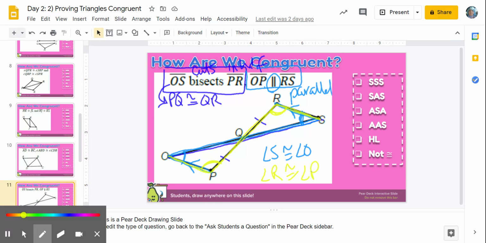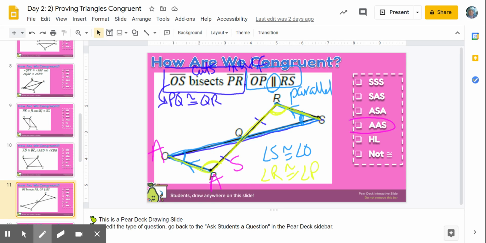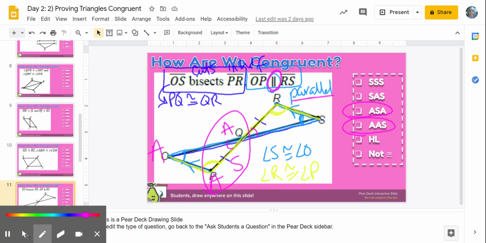So now what do I have marked? I've got an angle and an angle and a side. You can also mark these vertical angles because you can always mark vertical angles. So it also could be angle, side, angle. But it's those parallel lines that are the tricky ones. You can mark those alternate interior angles. Okay? It's going to be important as we go on.